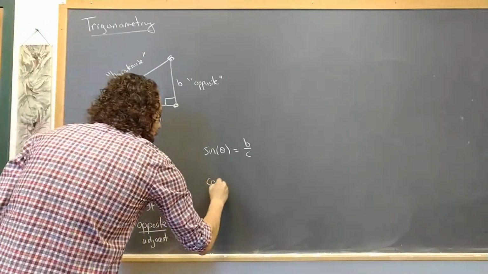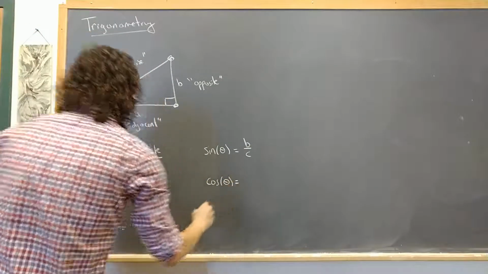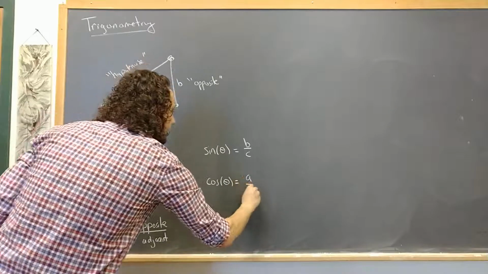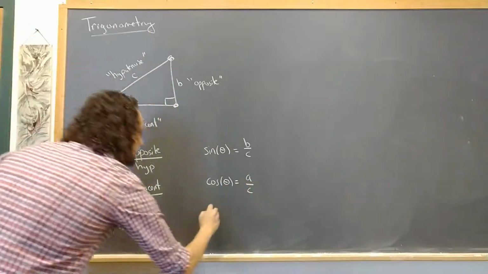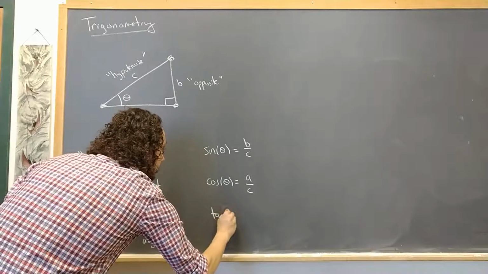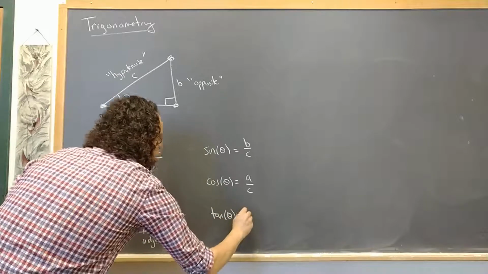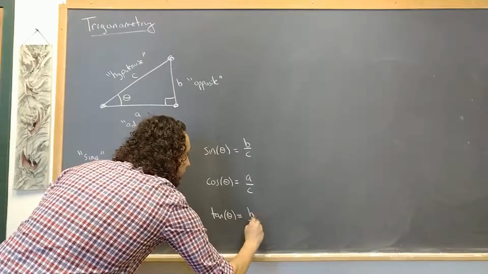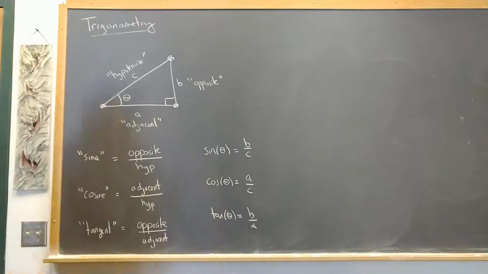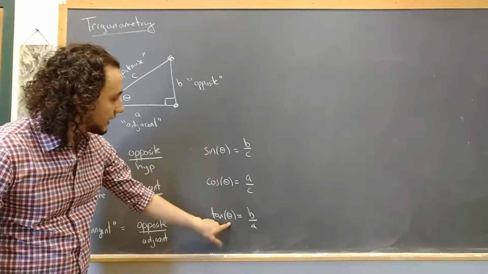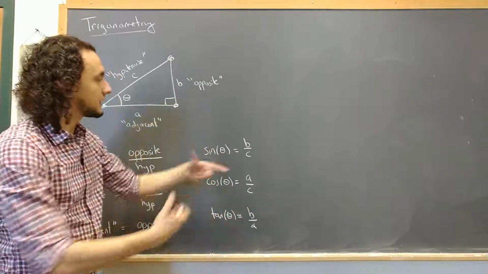And cosine of theta is going to be a divided by c, adjacent over hypotenuse. And finally, tangent of theta is going to be b divided by a, opposite over adjacent. So the idea is that just from theta, I should be able to get this ratio.